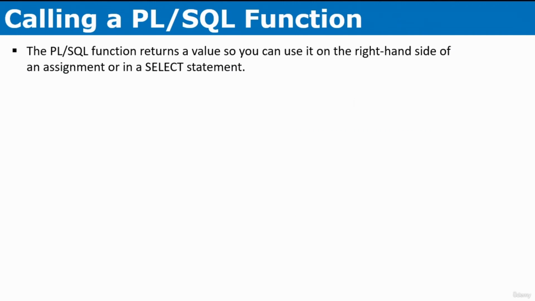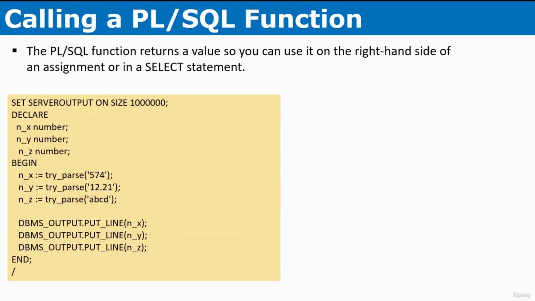The PL SQL function returns a value, so you can use it on the right hand side of an assignment or in a select statement. I'm going to create an anonymous block to use the try_parse function.